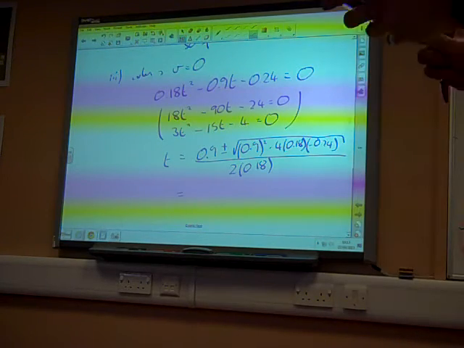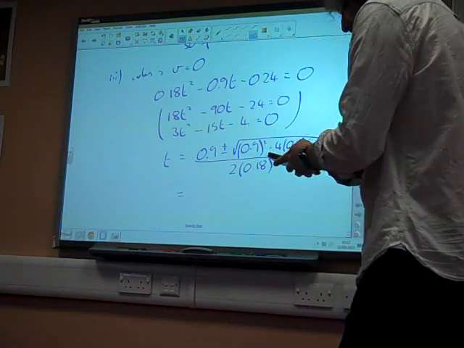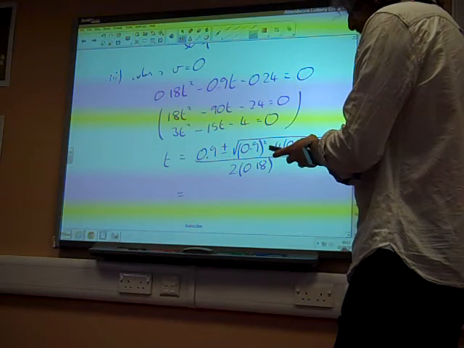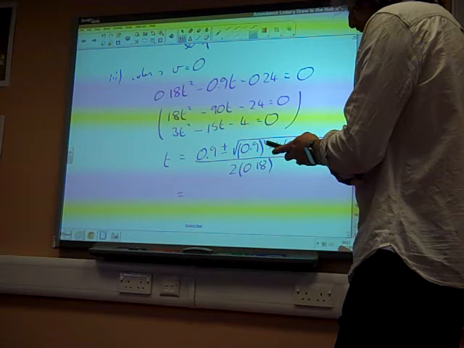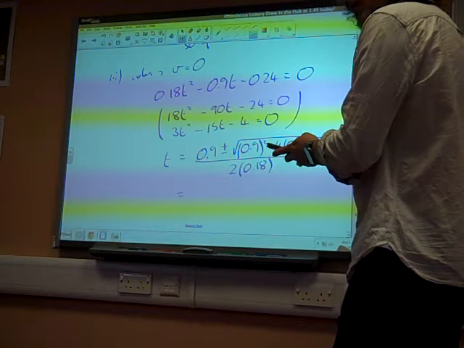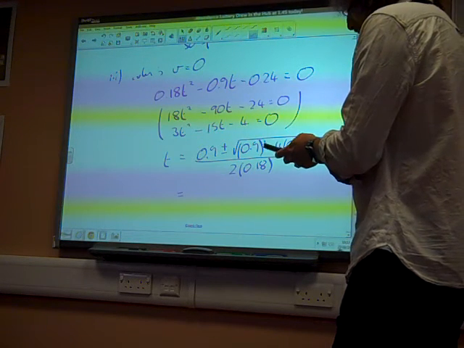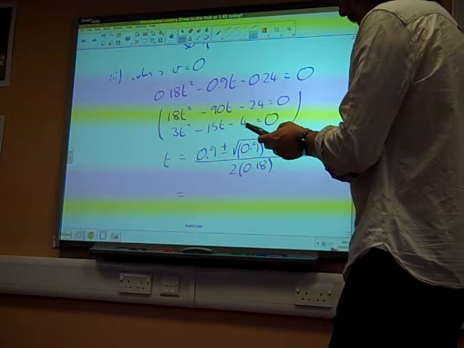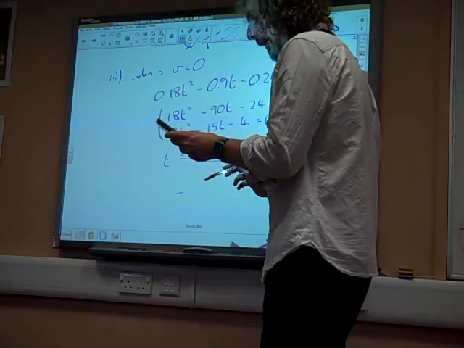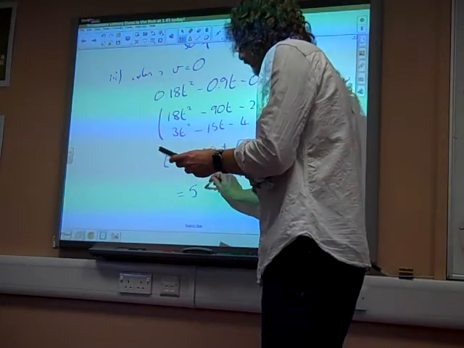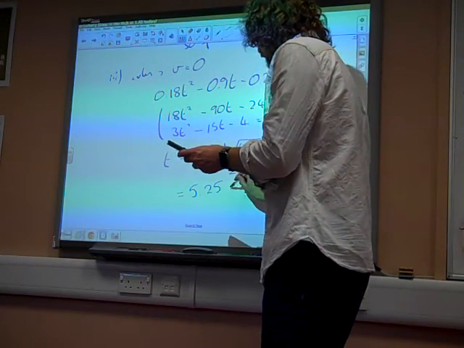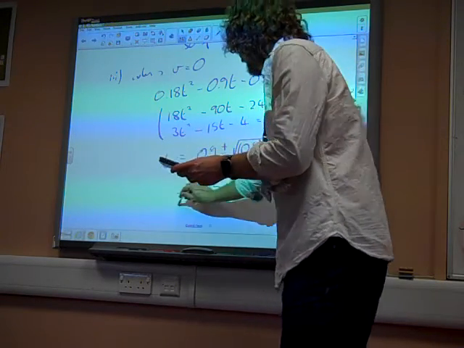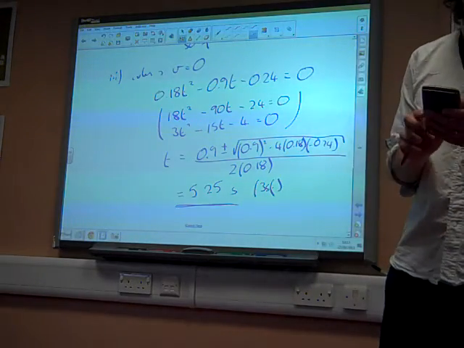So if we put all that together, we've got 0.9 plus the square root of 0.9 squared minus 4 times 0.18 times minus 0.24, divided by 2 times 0.18, and the calculator is telling me 5.25 seconds to 3 significant figures. And there we go, that's all we need to put for our answer.